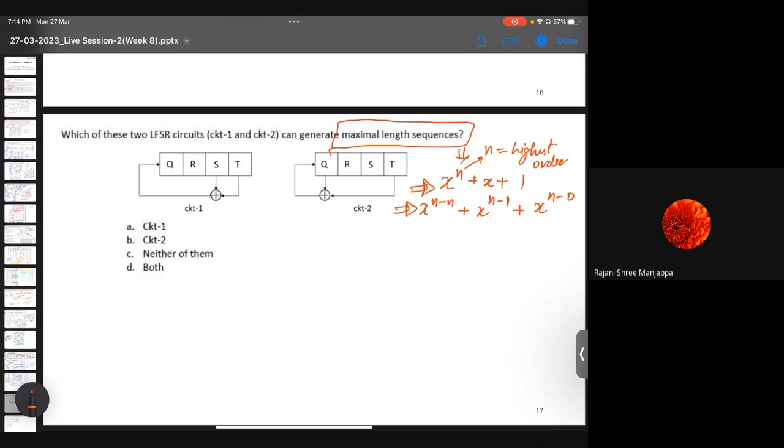First of all, tell me the polynomial representation of circuit 1 and circuit 2. Anyone? Should I do it or are you doing it?